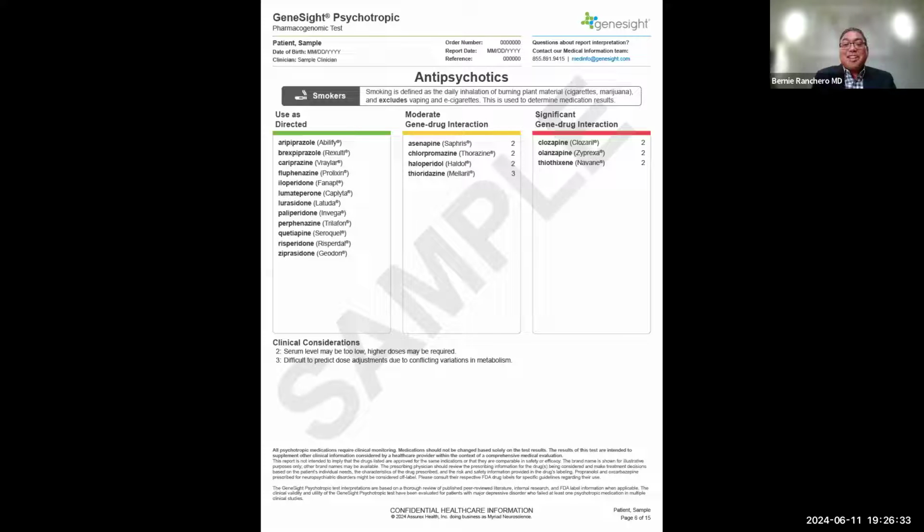And one of the things that I want to touch back on is when you're picking these different medicines, especially in primary care, oftentimes we are concerned about, is this going to affect the patient's weight? Is this going to affect the patient's sleeping? Are there other things that we can use these medications for, such as which ones can we use to treat headaches? So oftentimes the smoking status is one component, but knowing that we can continually upgrade, and GeneSight continually upgrades their reports, is amazing for the patients.